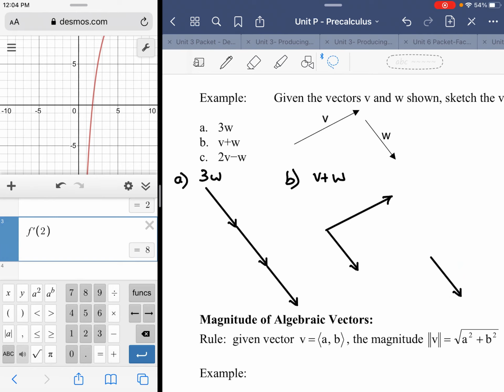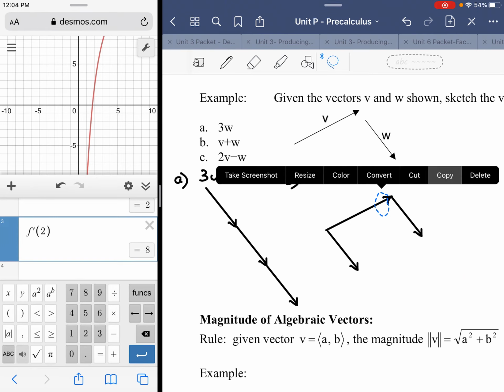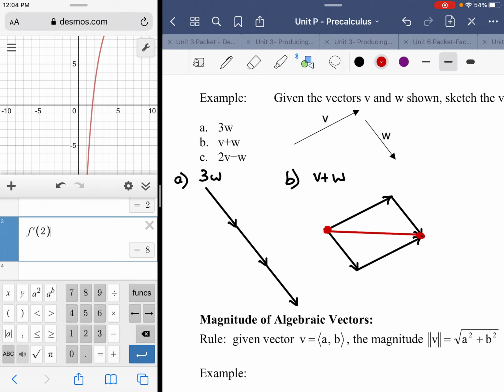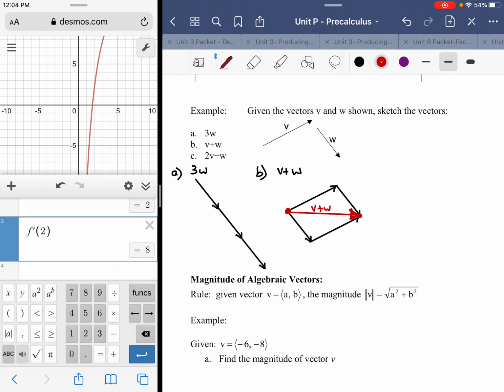There are exceptions, of course. But if I'm finding the sum of the two vectors, I'm going to reproduce this vector, translate it over, reproduce this vector, translate it over, and connect the two endpoints. And that new line segment, when made into a vector, would be the sum, v plus w.